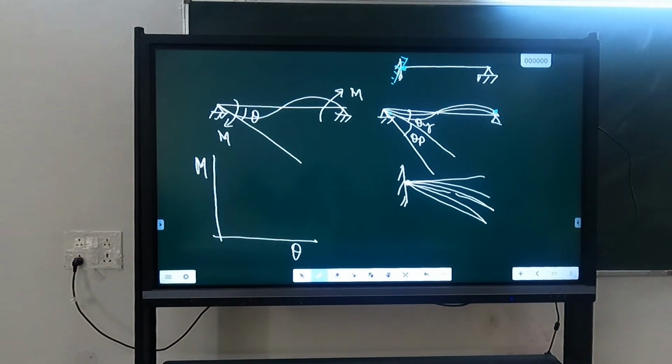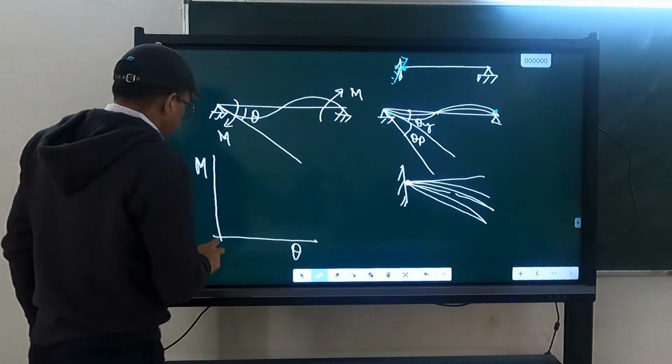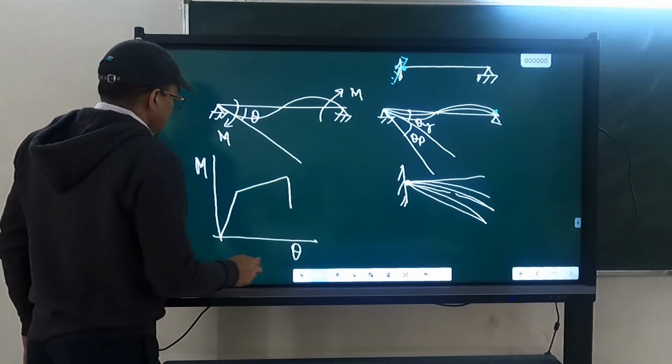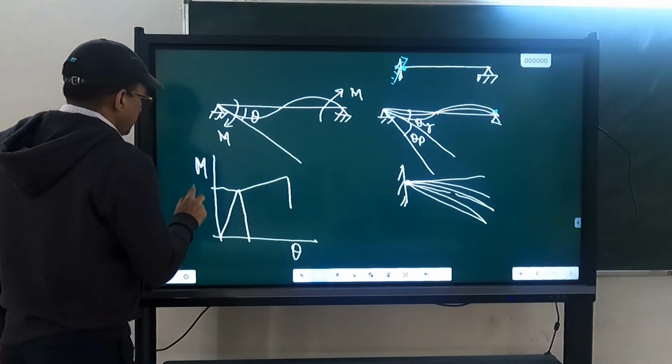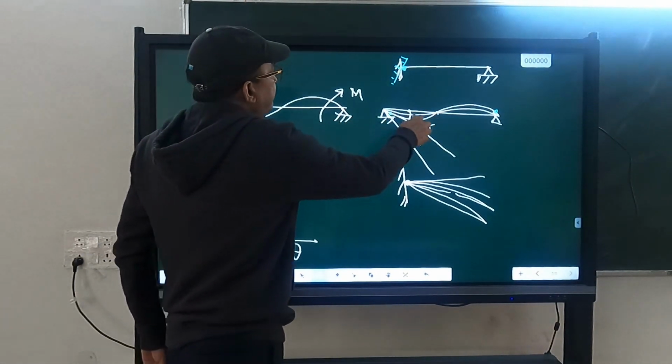So if you have to plot the M versus theta curve, it will be like this only. And this you can calculate, my theta y. How can you calculate my theta y?